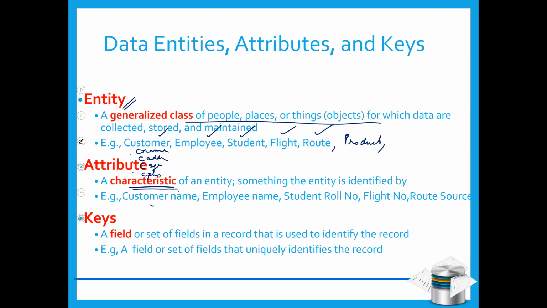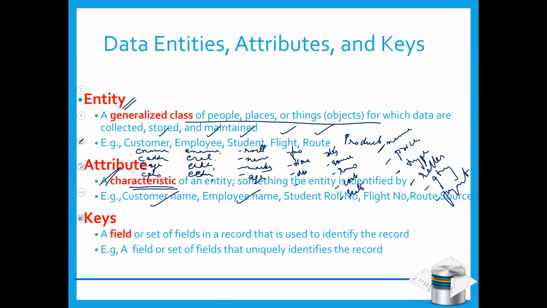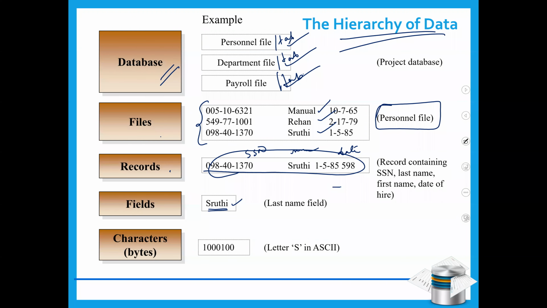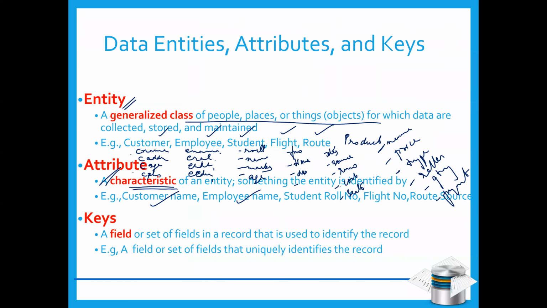I just written one over here, customer name. You think about employee. Okay, try telling me what all are the attributes. So, attribute is nothing but a characteristic which is identifiable of a product. You will see many over here.